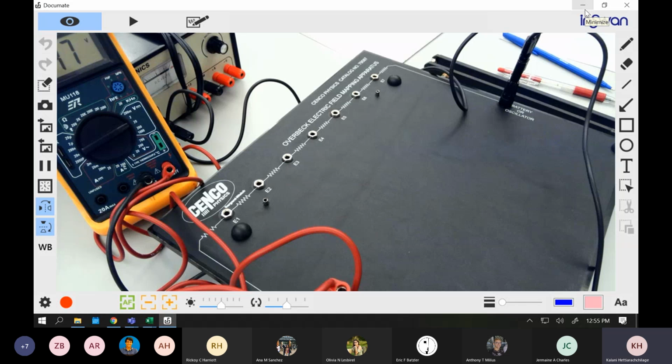Flip it, and make sure the power cable, black one, connects into the right side, and the power cable, red one, connects into the left side, and then your voltmeter, red one, connects into E1.